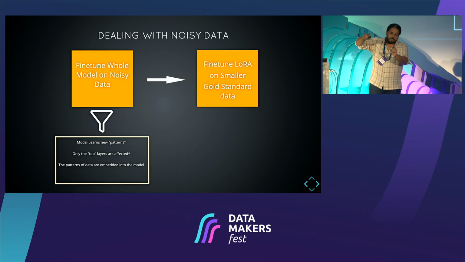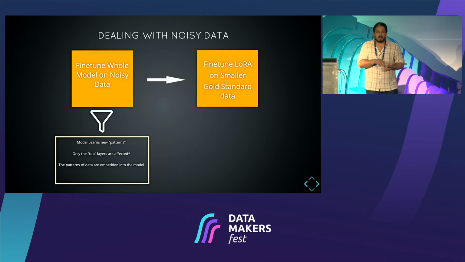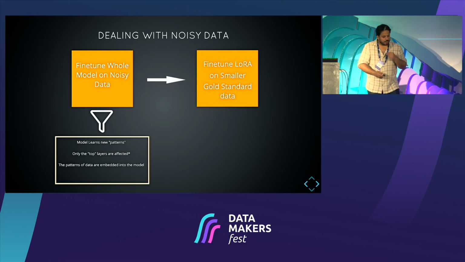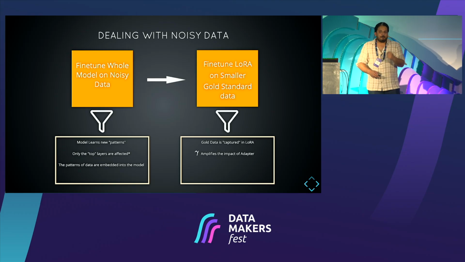This data has very clear annotations, so my adapter learns the behavior of those, and we can amplify the impact of it. So now my model has learned the patterns but is noisy, and I take my adapter, which has the correct information about my data set and knows what the correct thing is. It amplifies that direction, and what you can get is something very amazing.